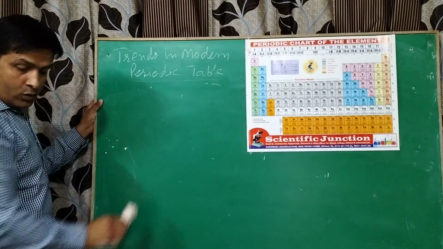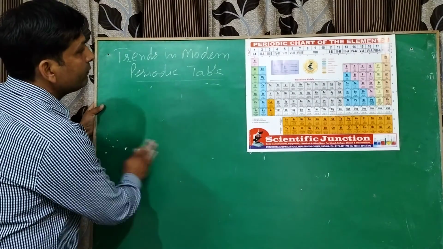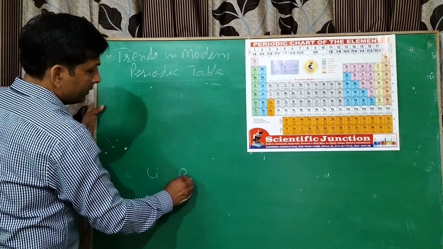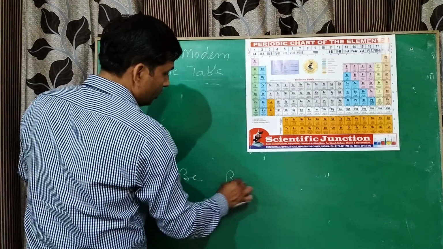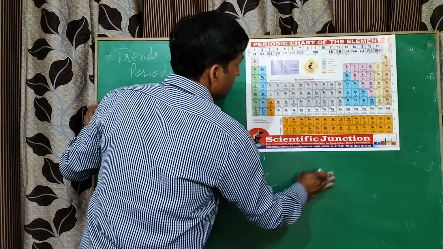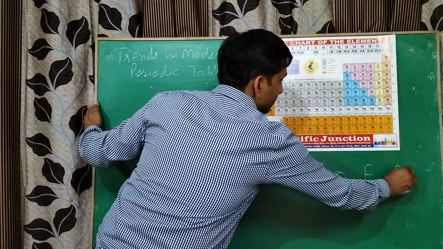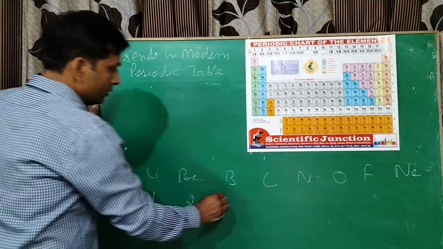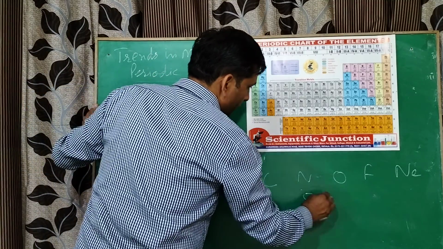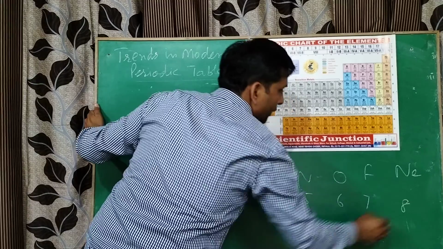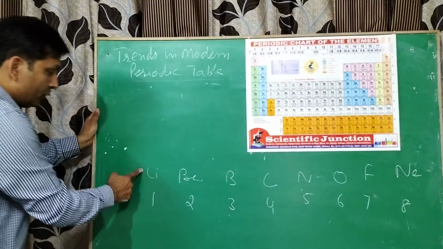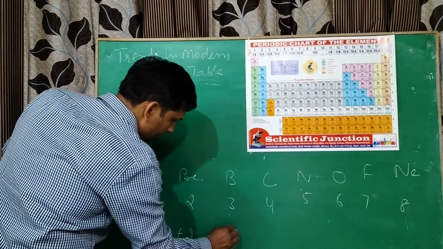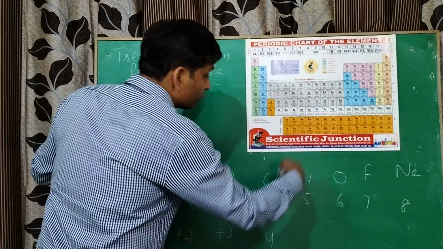But when we go from left to right in a period, lithium, then beryllium, then boron, carbon, nitrogen, oxygen, fluorine, neon, the valence electrons are 1, 2, 3, 4, 5, 6, 7 and 8. The valency of the first element is 1, then plus 2, then plus 3, then 4, and then it starts decreasing.